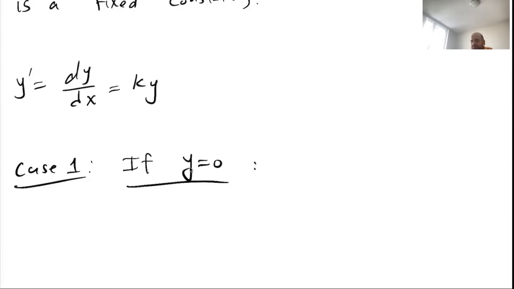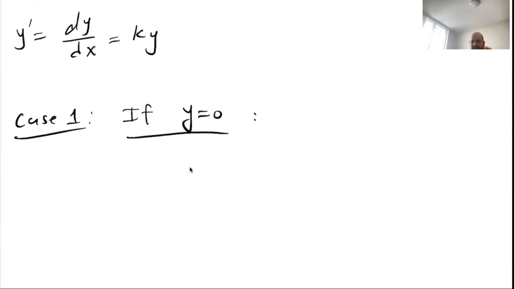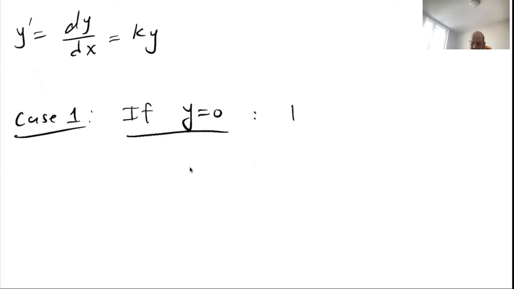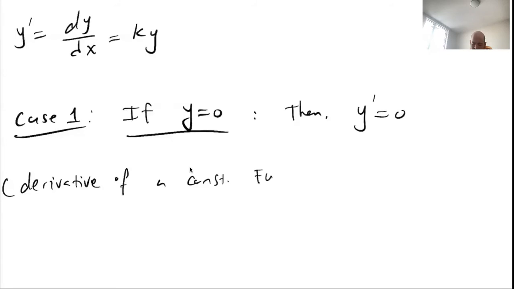So here again, if y is 0, then y prime will be 0, right? The derivative of a constant function is 0. See, y equals 0 means constant function 0. Because remember, we said before that the difference between an algebraic equation and a differential equation is that in an algebraic equation your unknown is a number, while in a differential equation your unknown is a function.